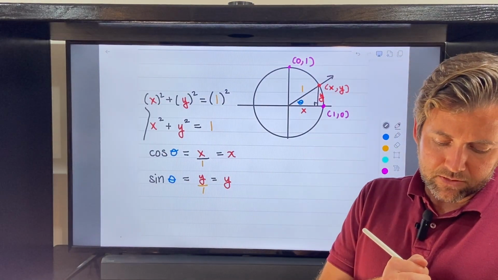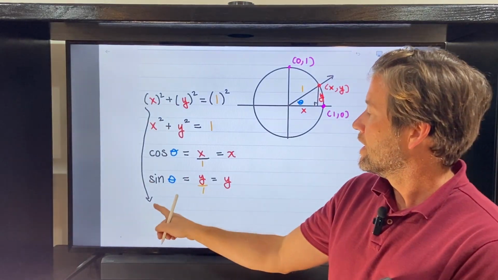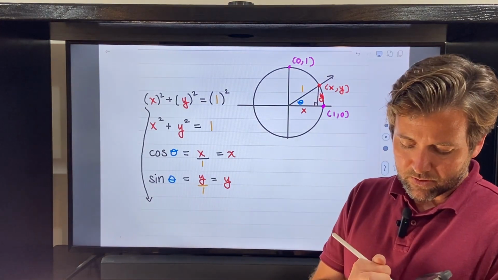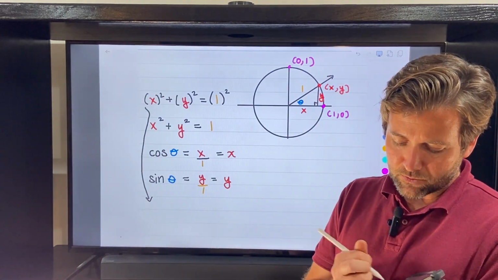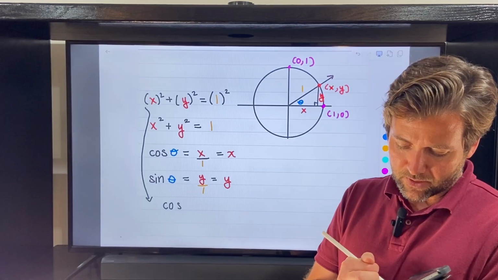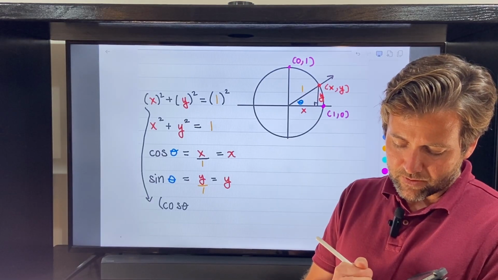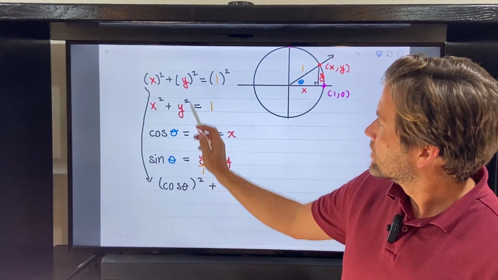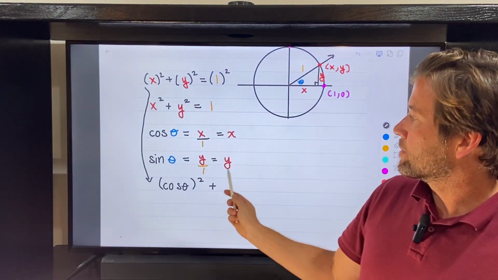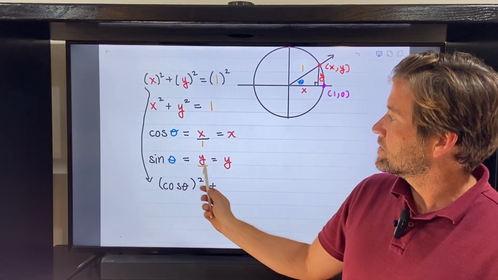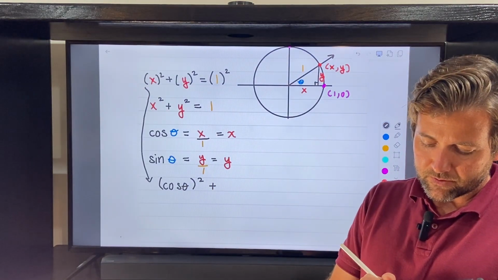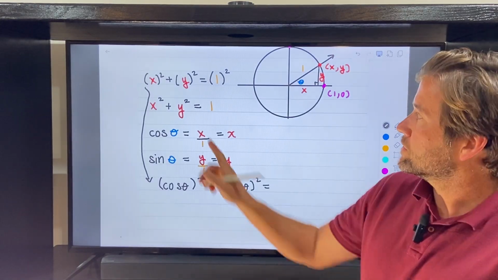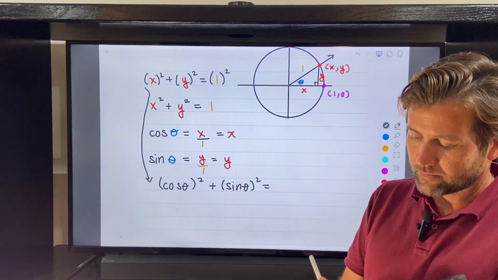So x is equal to cosine of theta, that's squared, plus y squared is right here. I'm going to replace y with what it's equal to, sine of theta, squared, equals this 1, this orange 1.